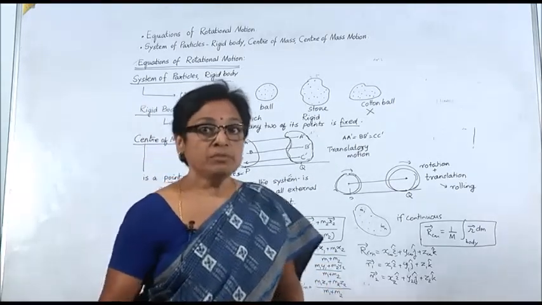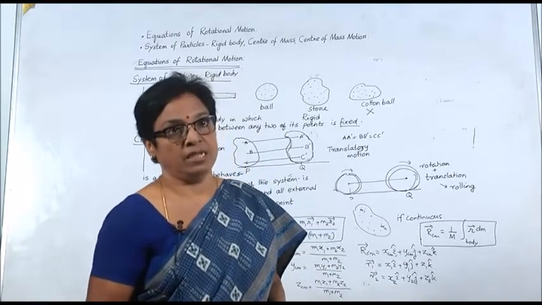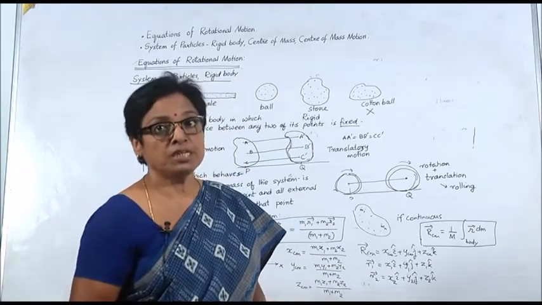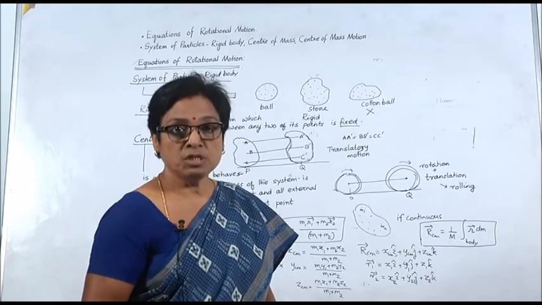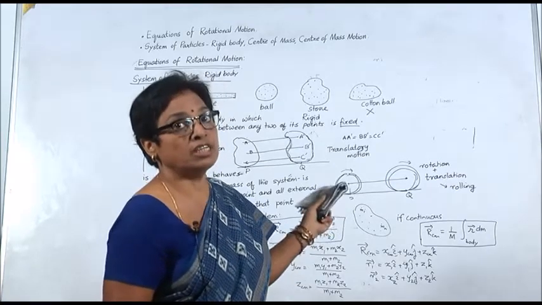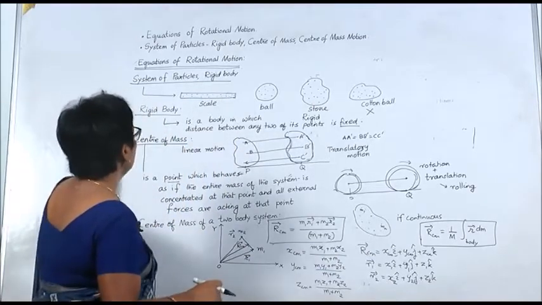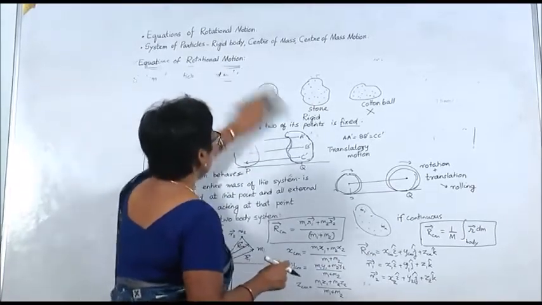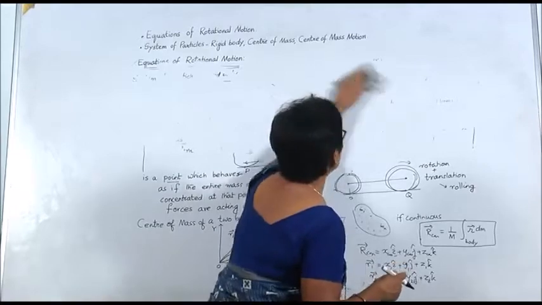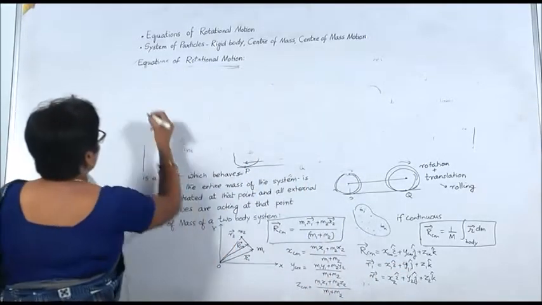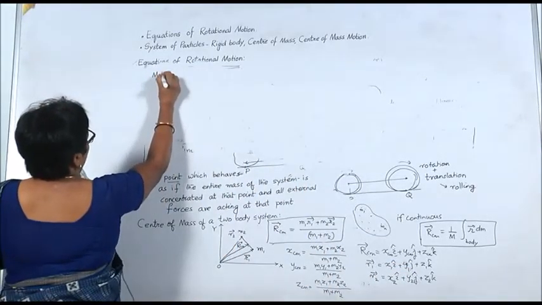So, if this is the position of the center of mass, what is the velocity of the center of mass, what is the acceleration of the center of mass? That will give us the center of mass motion. The center of mass motion can be found out by simply finding the derivatives.